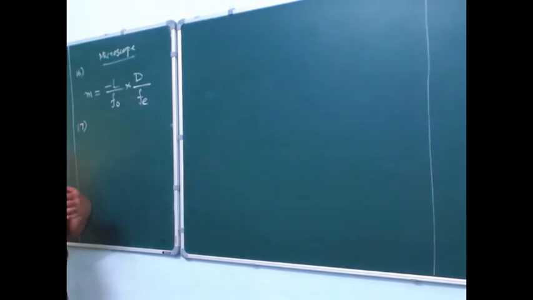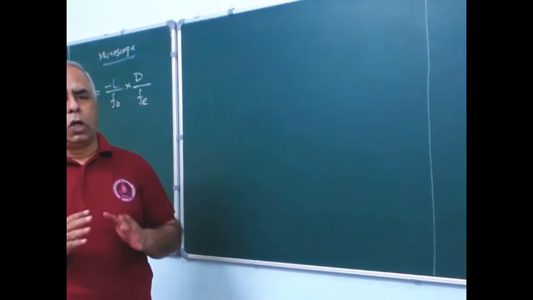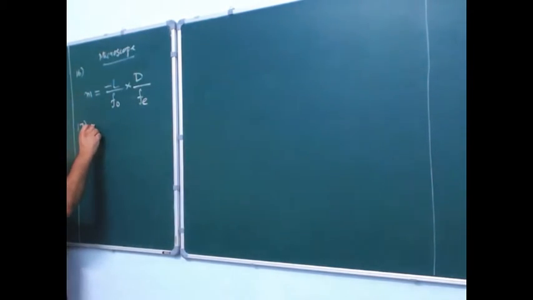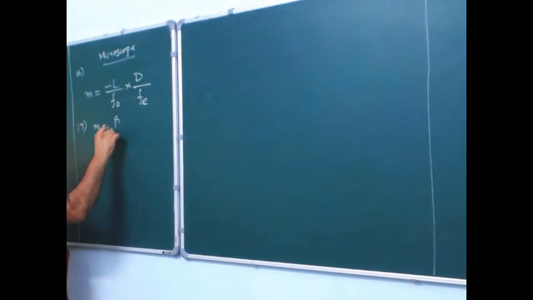Suppose the magnification of the telescope under normal adjustment. So this is the formula for the magnifying power of a telescope under normal adjustment. That is given by M is equal to beta divided by alpha.